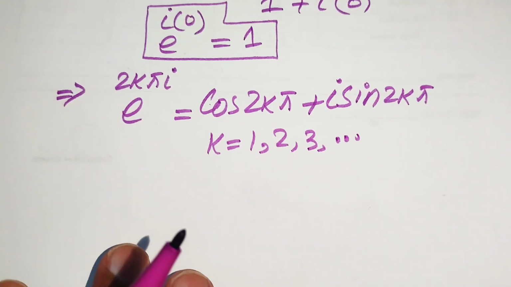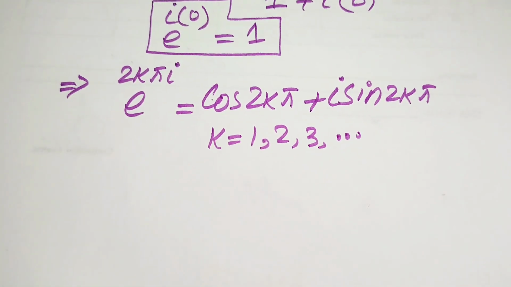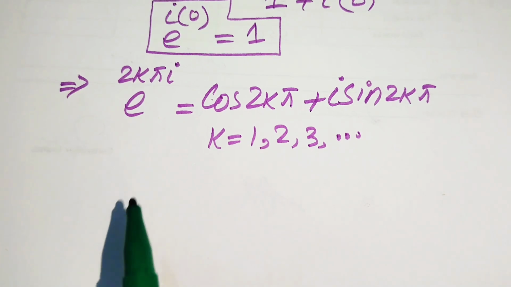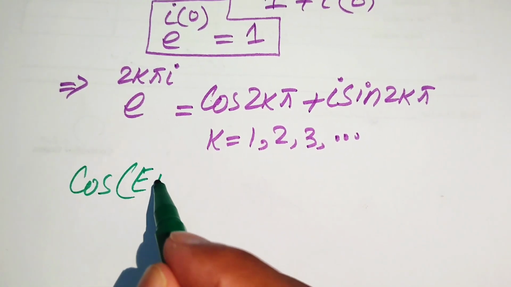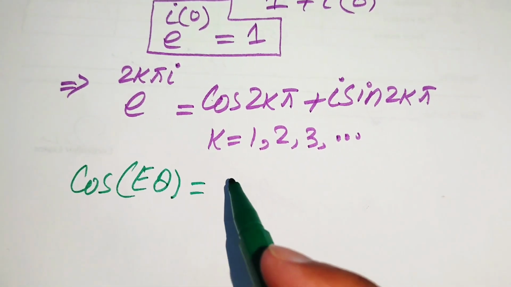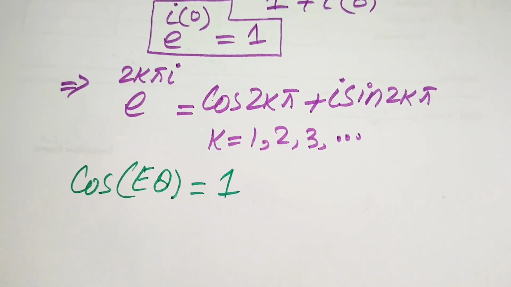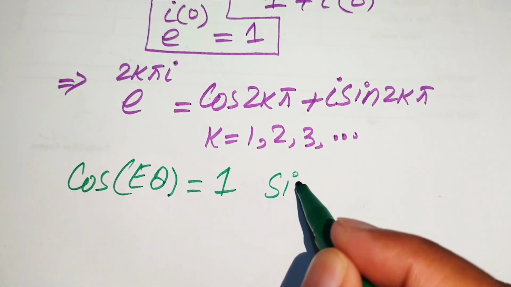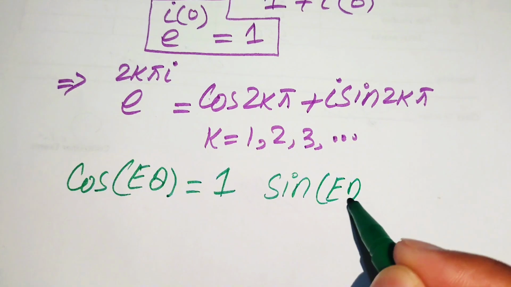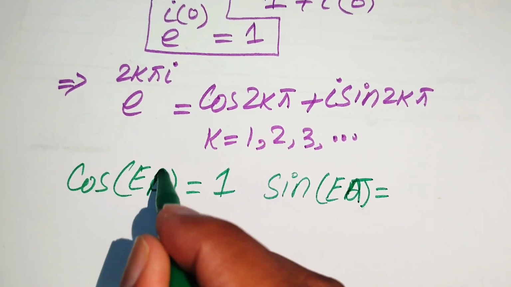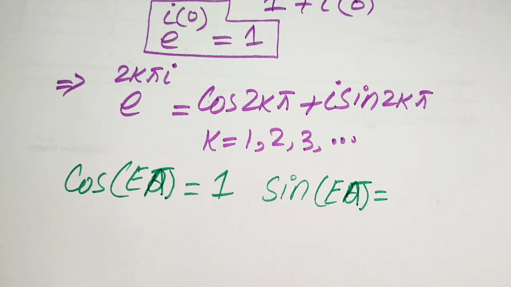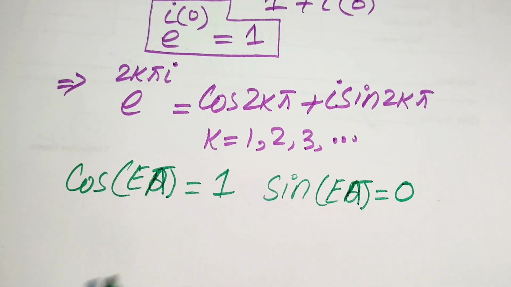In order to further solve this problem, we here write an important fact about the even and odd multiples of cos and sine inside its angle. So here we know that cos of an even multiple of pi always equals plus 1, and sine of an even multiple of pi, sorry, this is even multiple of pi, always gives us the value 0.